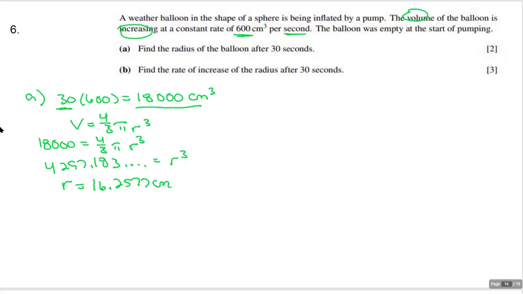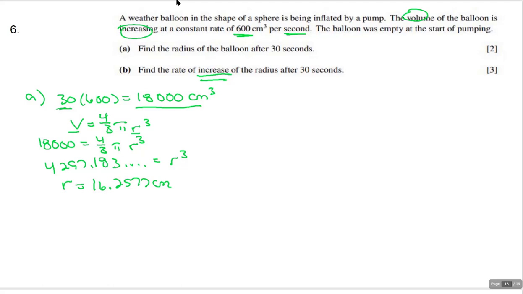Now, find the rate of increase. We talked about this. There's a common application problem where they talk about the radius increasing, or the x. Keep in mind we have a function, we've got an input and an output. In this case, the V is the output, or the volume, and the input is the r.